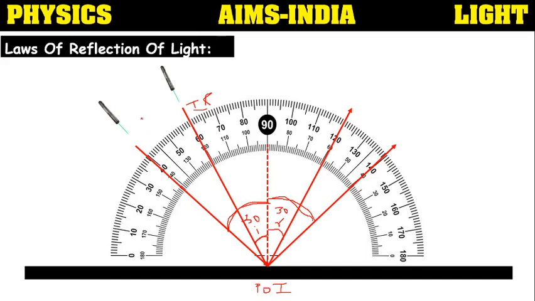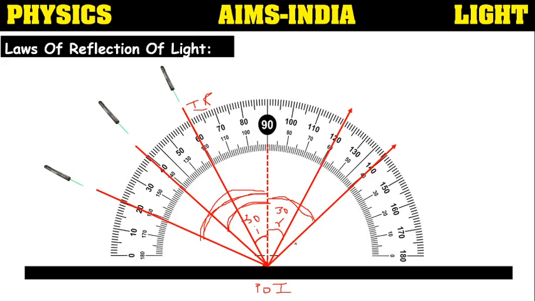Now let's move the laser light to another point. Now I want to focus it through 20 degrees. This is the incident ray, coming through 20 degrees and hitting the mirror. What is the angle of incidence? From 20 to 90, that is 70 degrees.